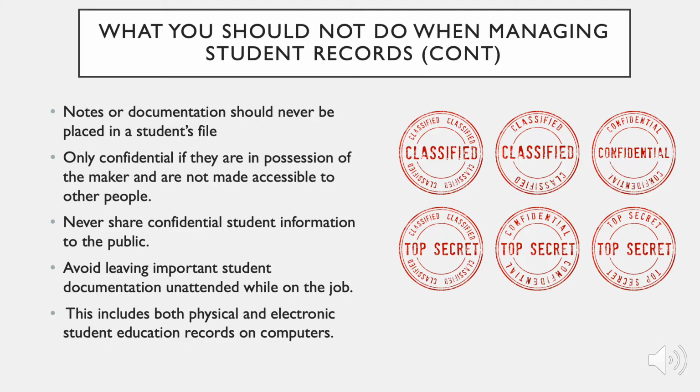Lastly, you as an individual working in higher education should never share confidential student information such as transcripts, school schedules, test scores, or identifiable information such as student IDs and social security numbers to the public. You must also avoid leaving important student documentation unattended while on the job. This includes both physical and electronic student education records on computers.